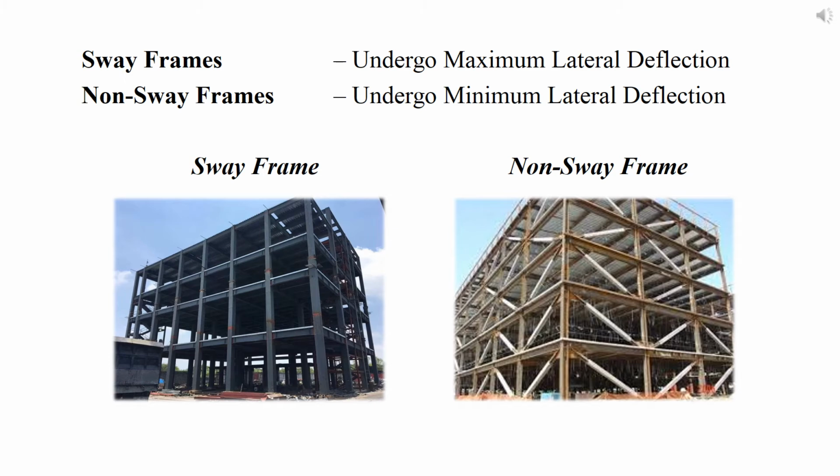But in simple words, sway frames will undergo a maximum level of lateral deflection and non-sway frames will undergo a minimum level of lateral deflection, which first comes to mind for industry people before approaching any steel structure project. Also simply you can say braced frames are non-sway frames and unbraced frames are sway frames, because the lateral deflection of braced frames will be very minimal.